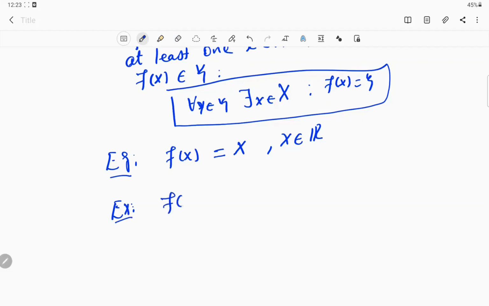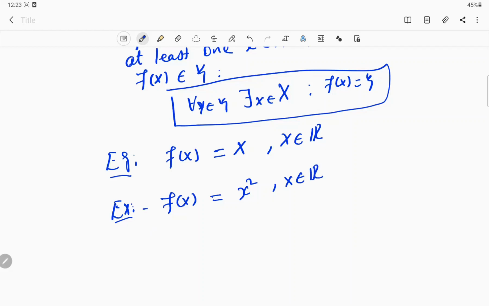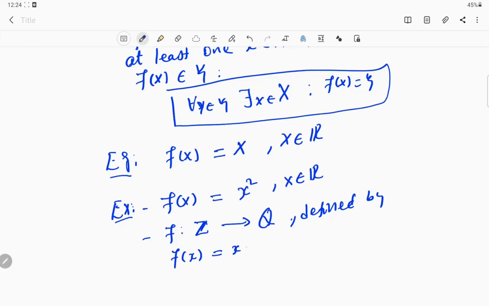What about this one? f(x) given by, let's say, x squared, where x is an element of R. But let's consider f, which is a map from Z to the set of rational numbers defined by f(x) equals x plus 1.